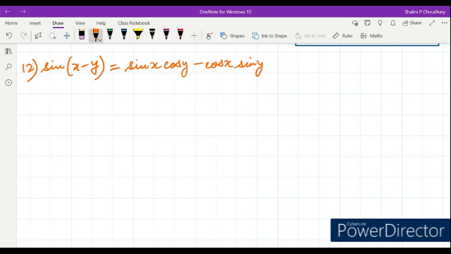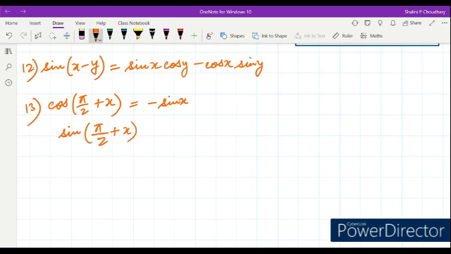Now we can also write cos of pi upon 2 plus x is equal to minus sine x, and sine of pi upon 2 plus x will be equal to cos x. Why?